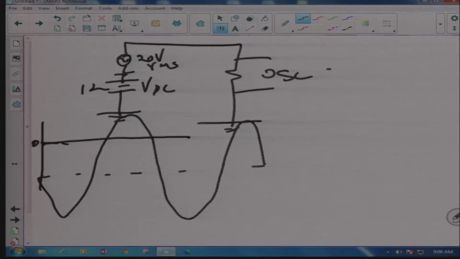Using the same formulas that we used before, this is how you're going to go about it. This is your VDC. You see your VDC, your V maximum, or V minimum. V maximum, which is that point there, is equal to VDC plus V peak. Now, what is our VDC? It's negative because look at it there. Our VDC is minus 12 volts plus 28 volts. Again, it gives us 16 volts.